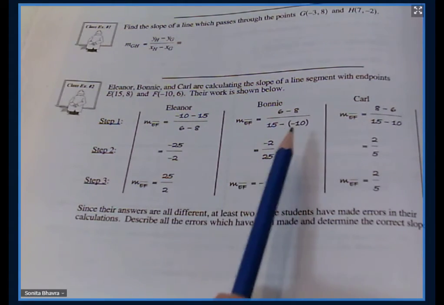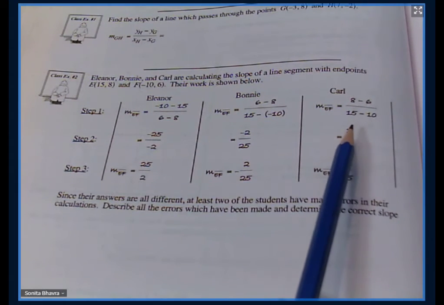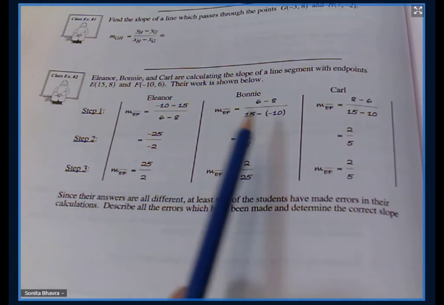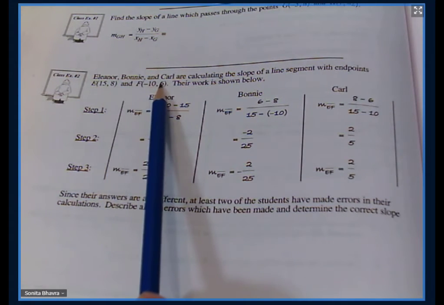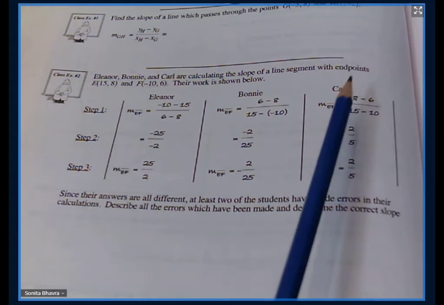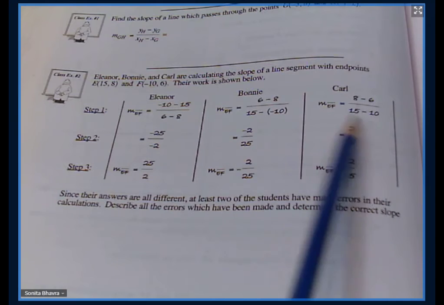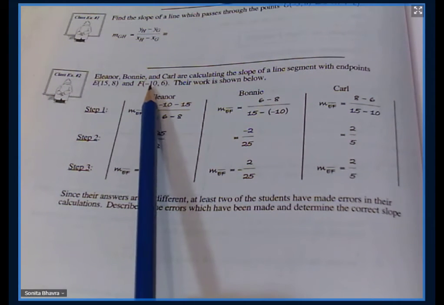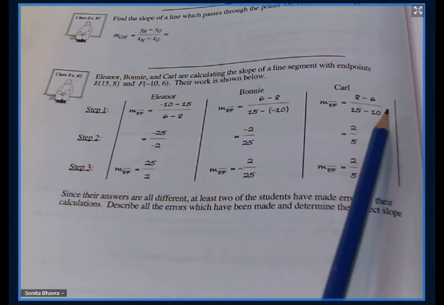Next, let's look at Carl. Carl subtracted E minus F, so he used 8 minus 6, which is correct. He can use 8 minus 6 if he's using E minus F. And then he used 15 minus 10, when he should have put 15 minus negative 10. So that's his mistake.